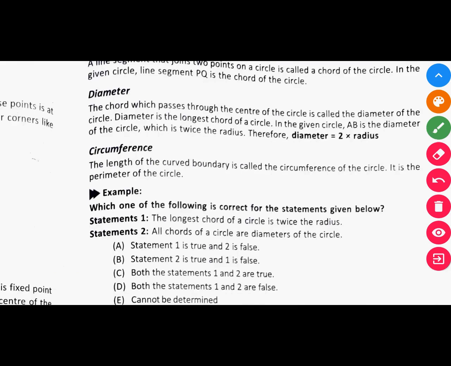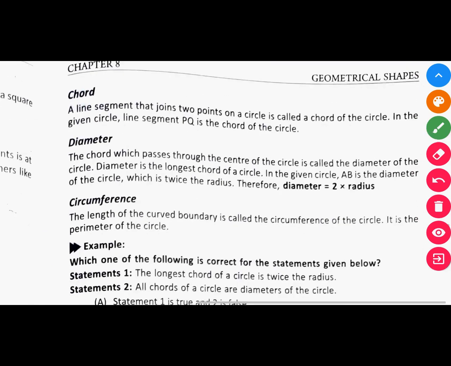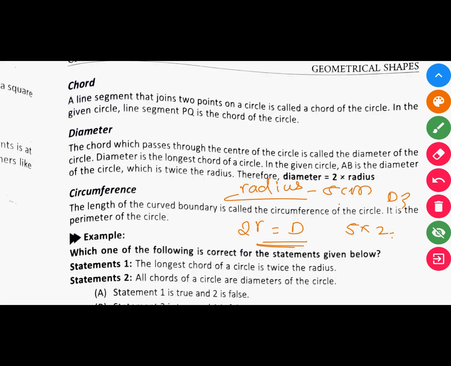Okay. So what is the benefit, or what is the exam point in learning the definition of the radius and diameter? We know that twice the radius is equal to the diameter of the circle. So if in some example the radius of the circle is given, say the radius is 5 centimeter and you have to find its diameter, then you can find 5 multiplied by 2 is equal to 10.